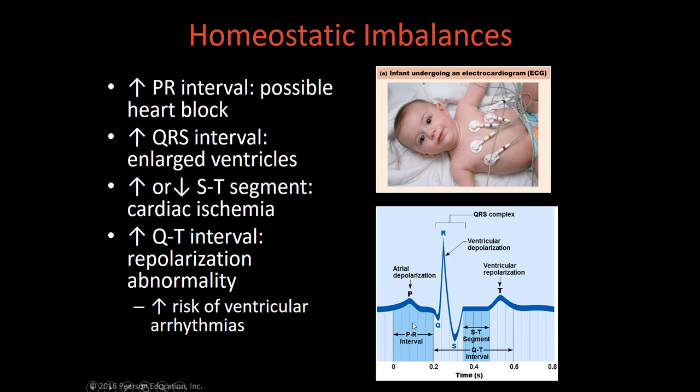If this PR interval is longer than it typically should be, it could mean that we have what we call a heart block, where the signal gets stuck at the AV node, and it takes longer for the atria to depolarize, and the signal doesn't travel very well into the ventricles.